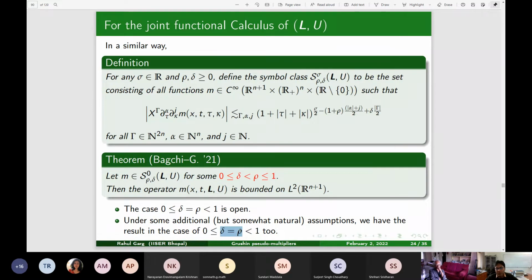There is a singularity issue that I will briefly discuss, and that singularity issue is perhaps in our methodology, and we could see that the singularity could be handled if we have some additional and somewhat natural assumption on the last variable. That motivated us to look for this kind of joint functional calculus theorem, so the hunt was to get the endpoint rho.